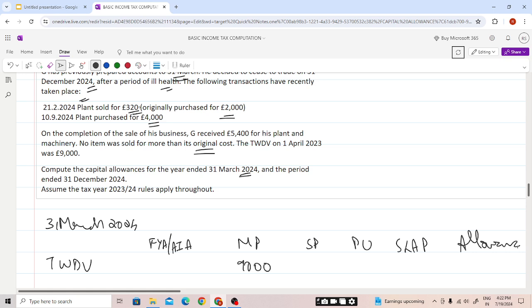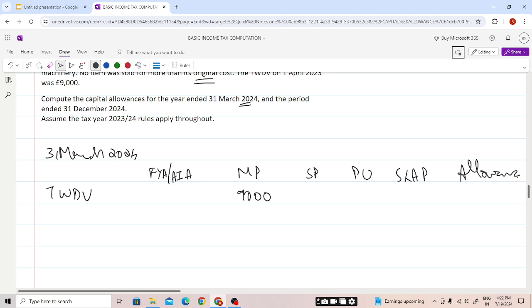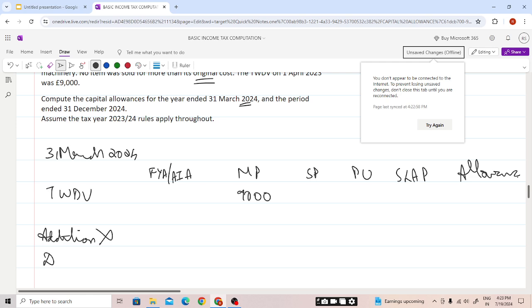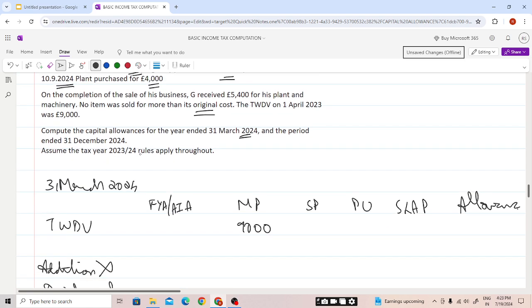Now, the plant sold on 21st February 2024 belongs to the next accounting period, so in this tax year, no additions, students. Now disposal, we have only disposal. It was sold for 320, purchase was 2,000.